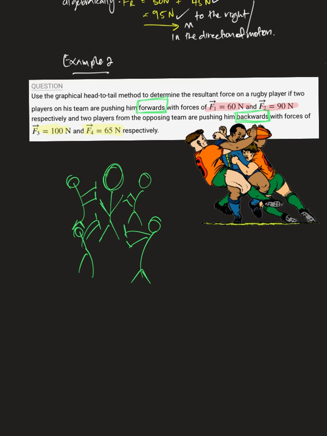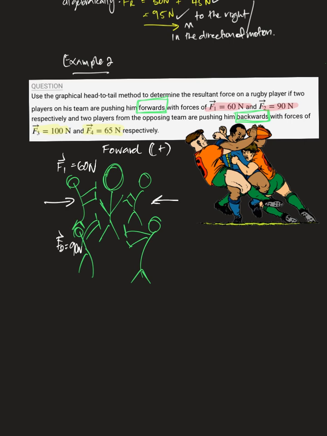So on this side, we're going to take forward as positive. Anything that moves forward is a positive value. The first thing I've got here is F1 is equal to 60 newtons and F2 is equal to 90 newtons. These ones are pushing this way.